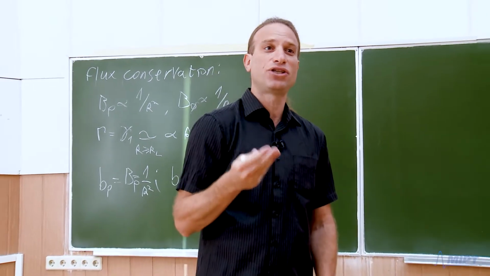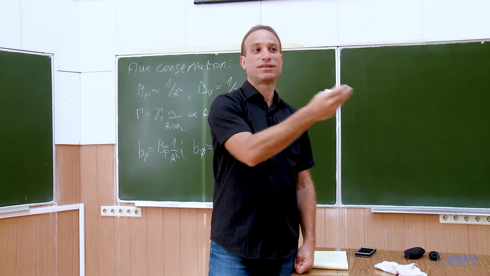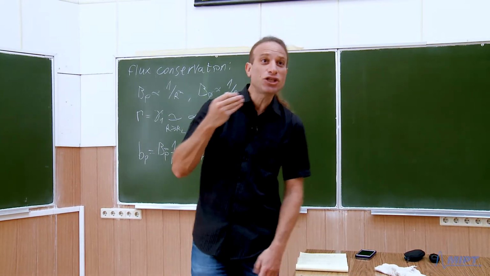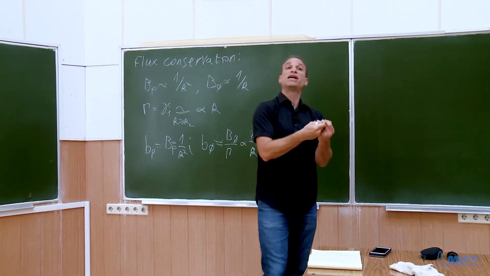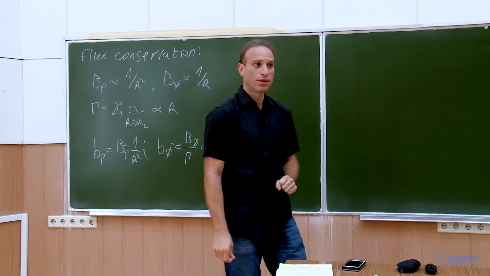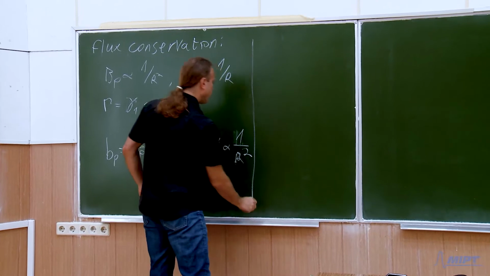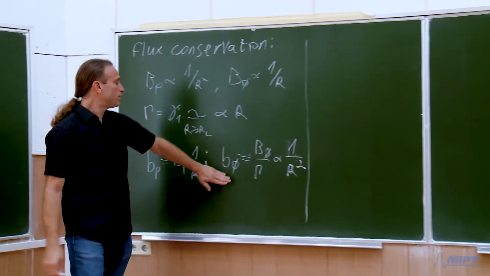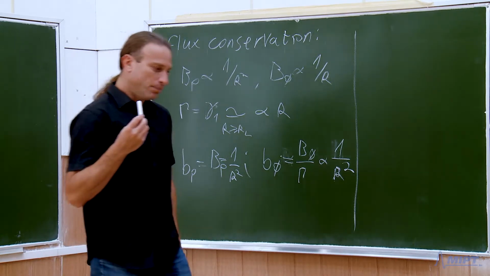Where does this excess energy go to? Acceleration, exactly. The excess energy is going to accelerating the jet, increasing the rest mass energy density, and this is the jet acceleration. So B phi is the component that brings us the jet acceleration.